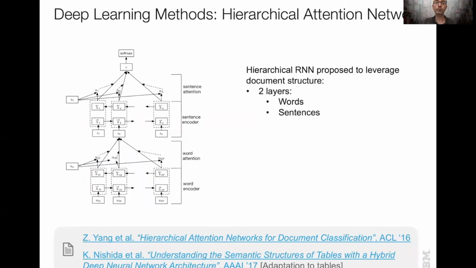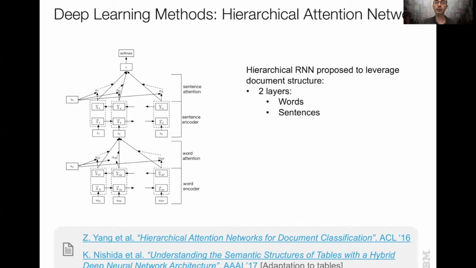And here we will present two recent proposals of deep learning models that were both presented by Nishida et al. The first one is an extension of the hierarchical attention networks that has been proposed initially by the NLP community to help in document classification.